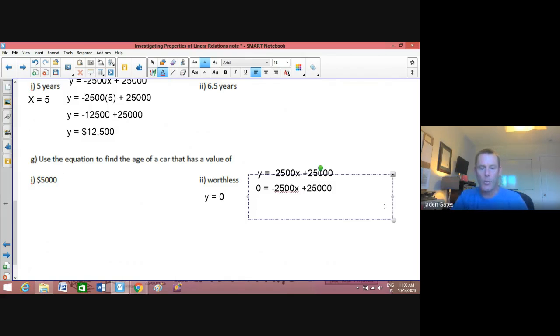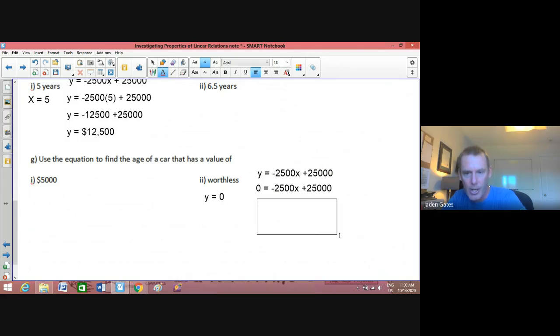All right, and I want to solve for x, so I have to get all my x's on one side, numbers on the other. So I'm going to move this negative 2,500x over to the other side here. And when it changes side, it changes sign. So it's now going to be a positive 2,500x is equal to my $25,000.